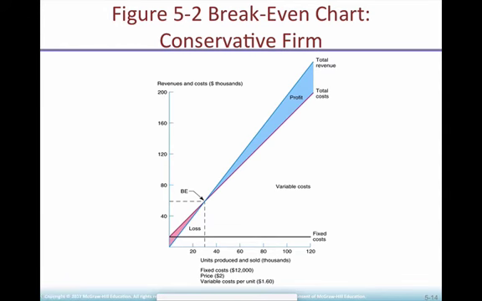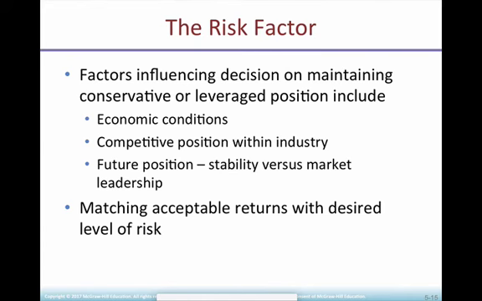And the way businesses decide whether to go more aggressive or more conservative really depends on the economic conditions. Whenever the economy is doing well, it's booming, high economic growth, more and more businesses feel more confident to go more aggressive, because they are positive economic environments. Whenever there is a recession, they limit their risk taking.